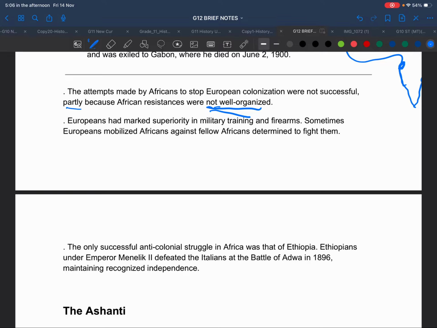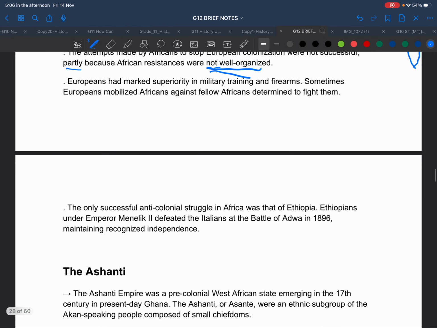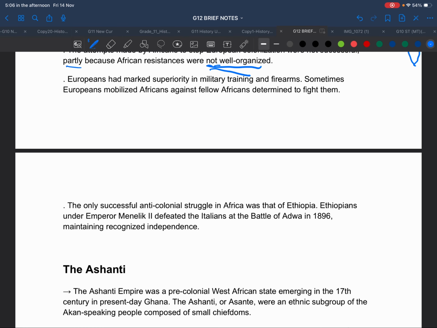Europeans had marked superiority in military training and firearms. They had more trained soldiers plus advanced weapons.